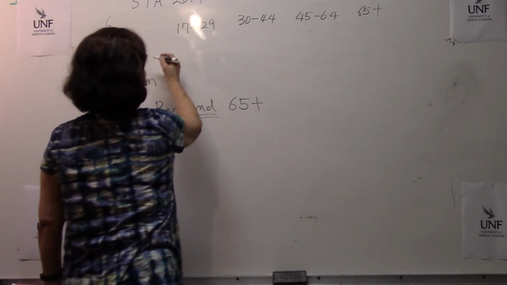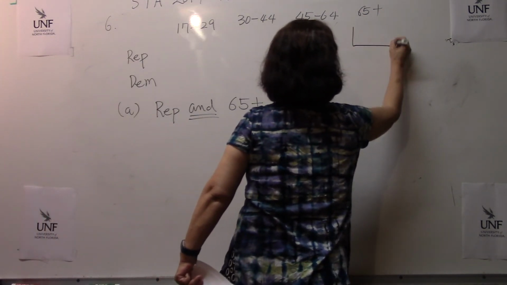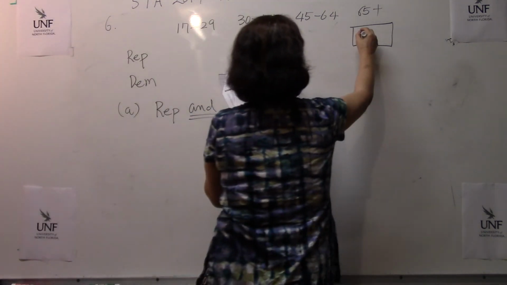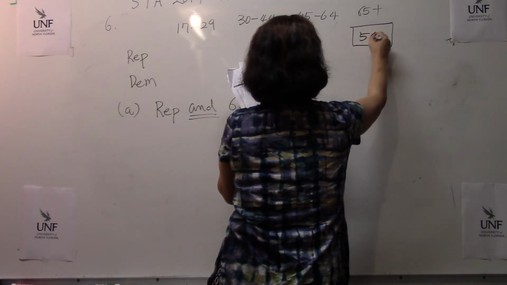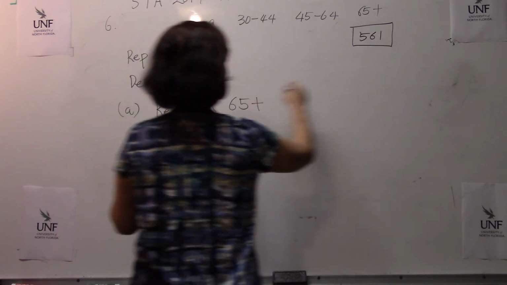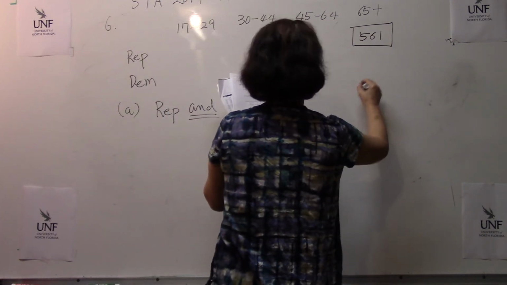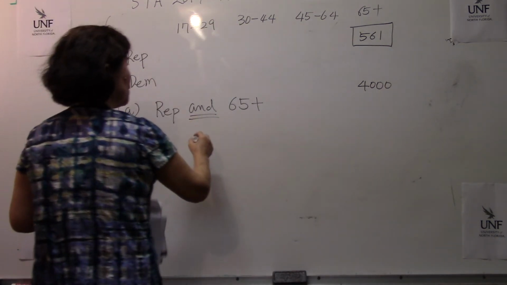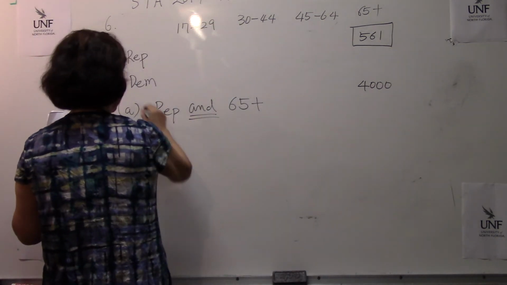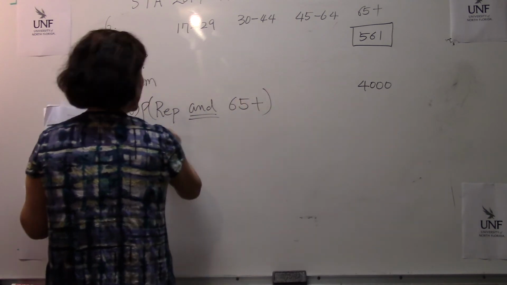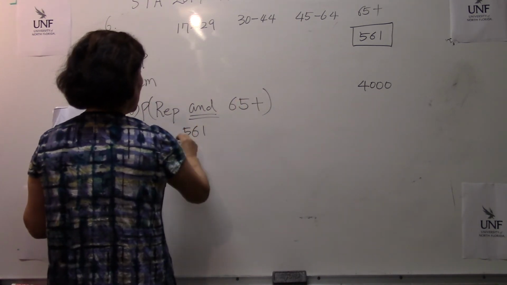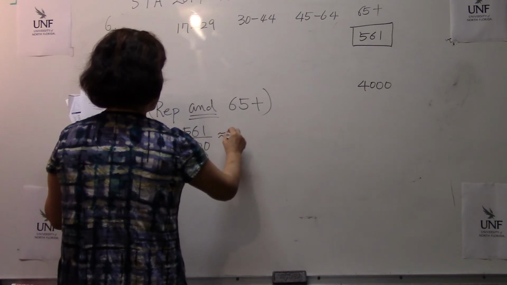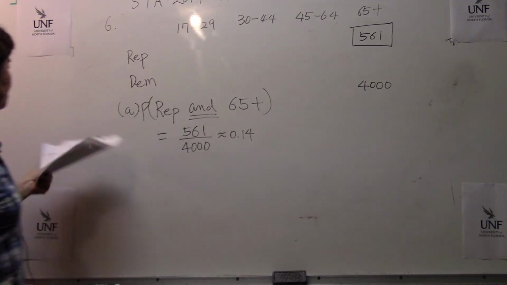Republican, and therefore this is going to be this cell, correct? Okay, so that is 561. The total voters in the sample is 4,000. Therefore, the probability is going to be 561 over 4,000. That is roughly 0.14. Okay?